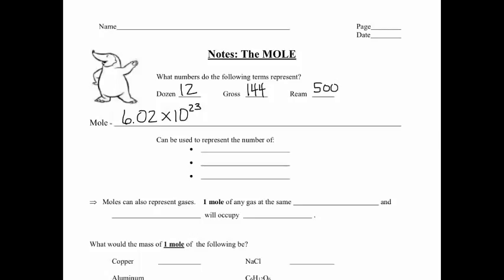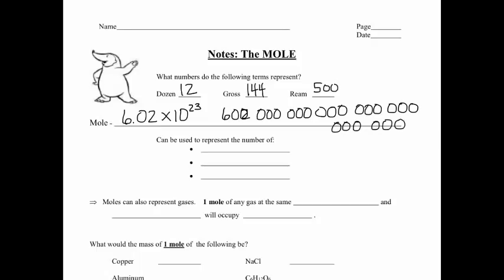If we were to write that out, it'd be 6 and then 0, 2, and then 21 more zeros. So that's a giant number. I couldn't even tell you in word terms what that represents.